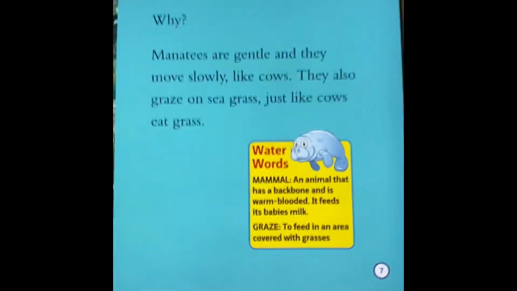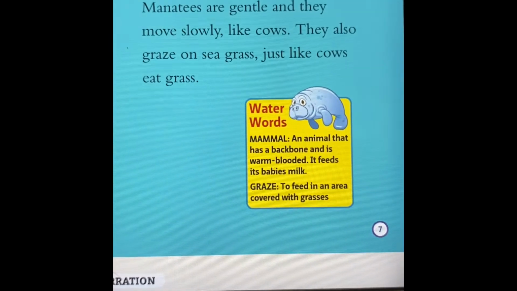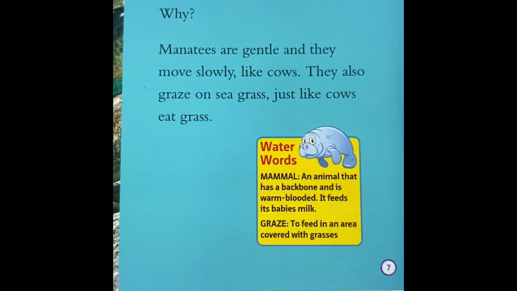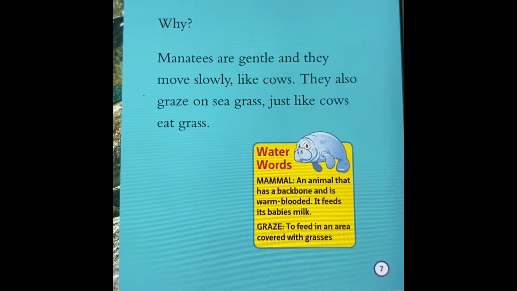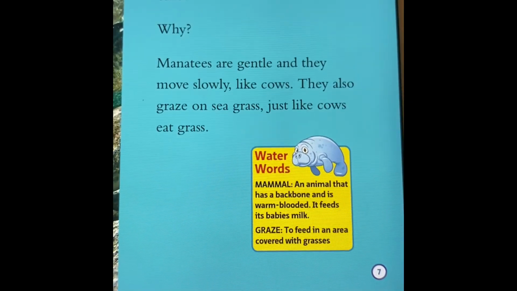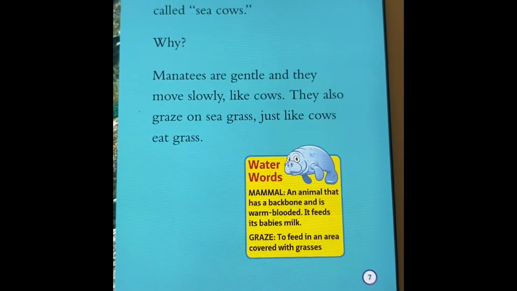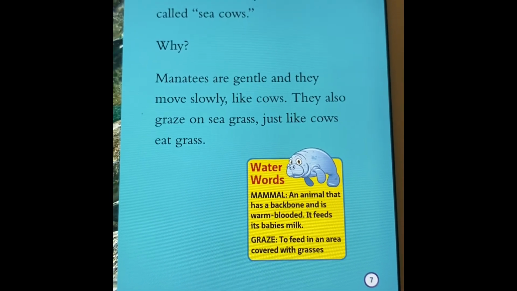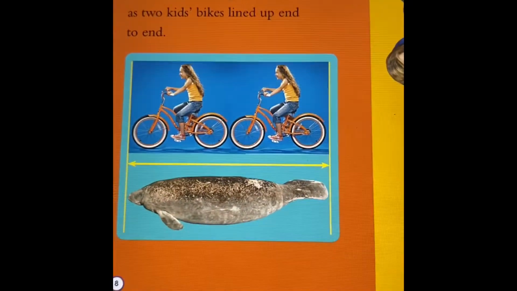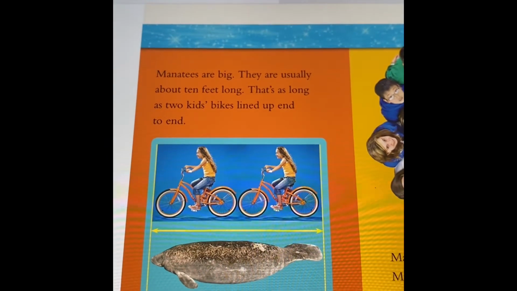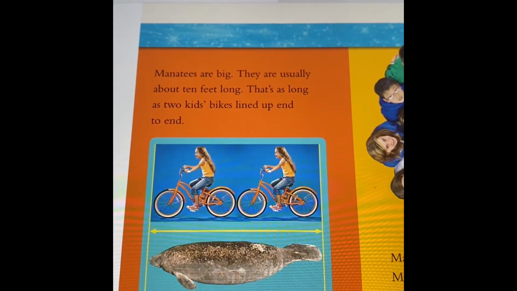And here we have some little vocabulary words, or our water words as this book has them. Mammal, which is an animal that has a backbone and is warm-blooded. It feeds its babies milk. And our next word is graze, to feed in an area covered with grass. Manatees are big. They are usually about 10 feet long.